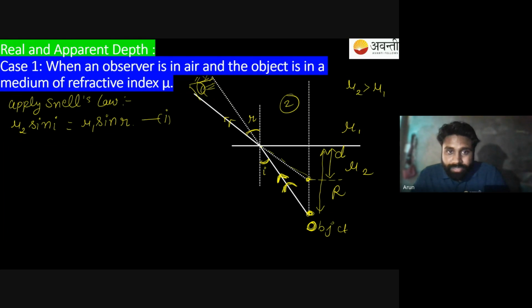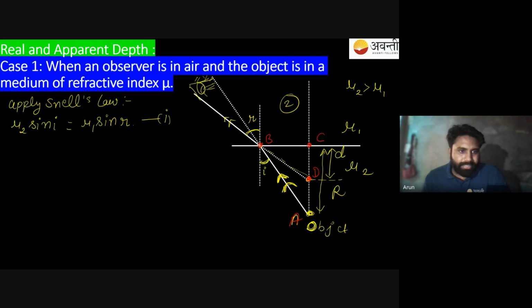So we are going to calculate the value of R and D. Suppose this point is nothing but A. Let me just change the color of ink. Okay. This point is A, this point is B, this point is C, and this point is D. Okay.